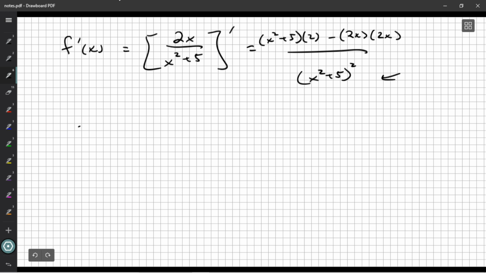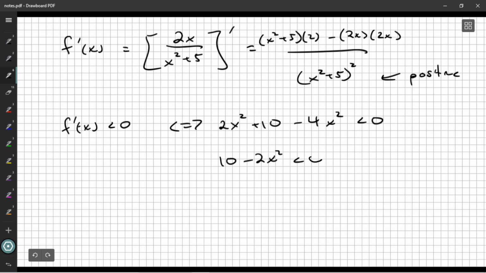Okay, now, the denominator here is always positive. Okay, so our function is decreasing exactly when this numerator is decreasing. We can simplify it a little bit. Let's say 10 minus 2x needs to be less than 0.